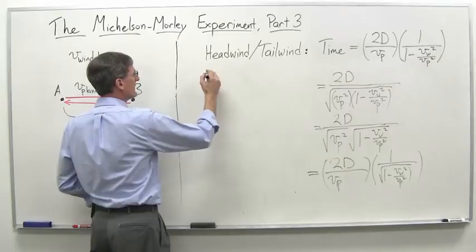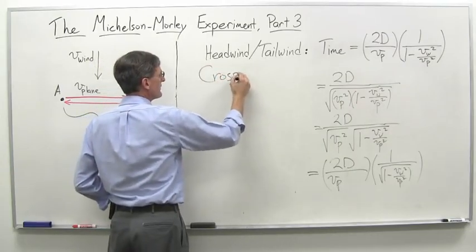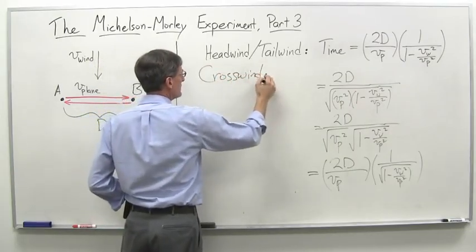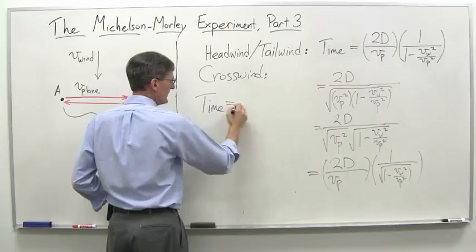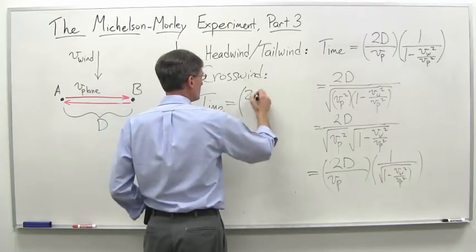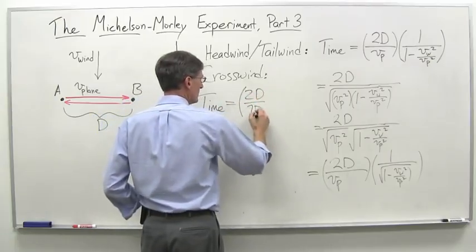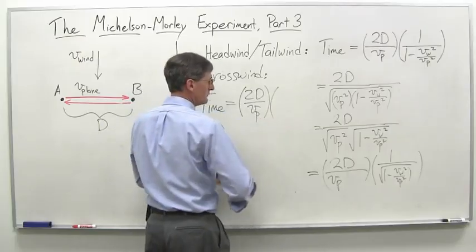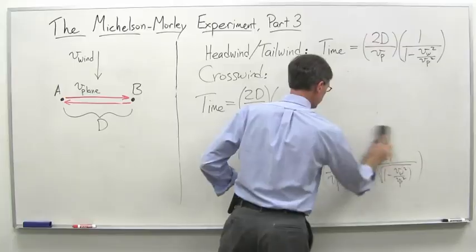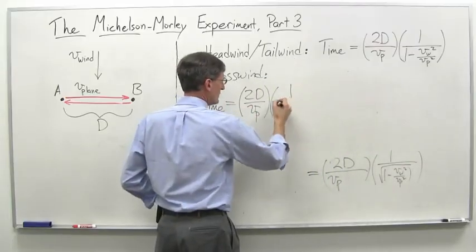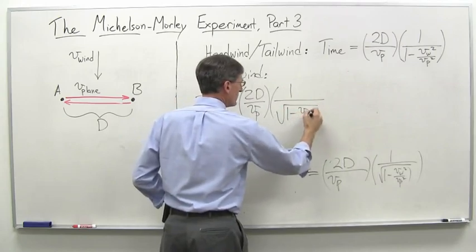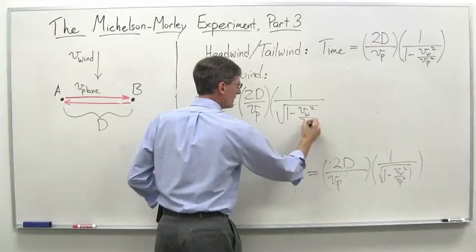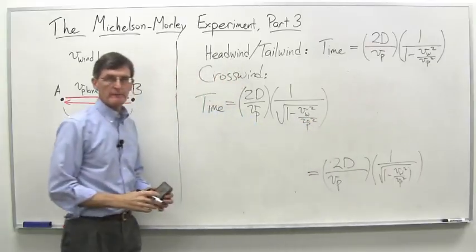So the crosswind case, because that's what we've been working on here, is time equals 2d over Vp times 1 over the square root of 1 minus Vw squared over Vp squared.